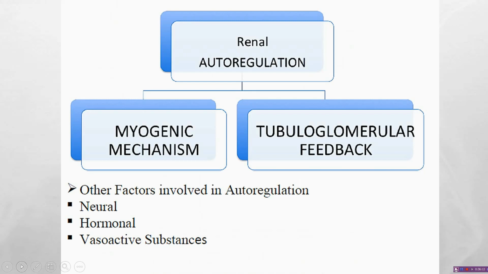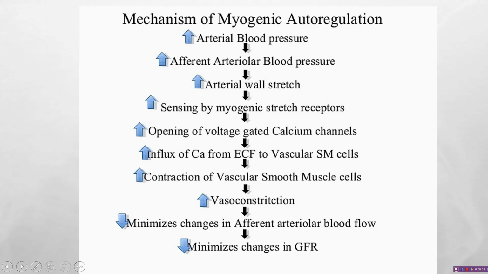There are also some other mechanisms, neural, hormonal, or by some vasoactive substances, vasodilators or vasoconstrictors. Now coming to the mechanism of myogenic autoregulation, the first mechanism: when the arterial blood pressure increases, that causes the blood pressure in the afferent arteriole to also increase.